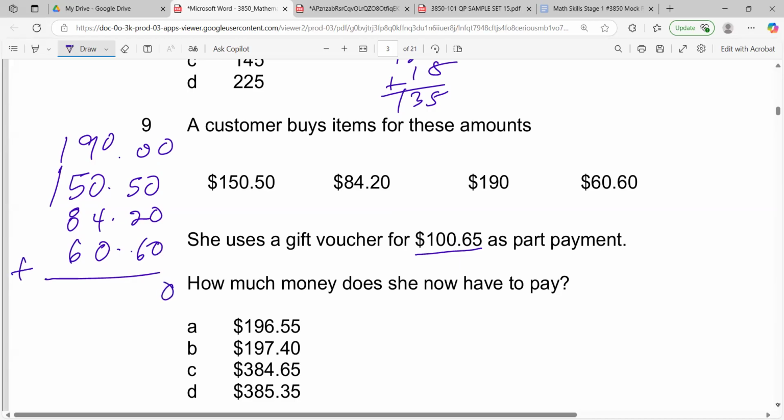0, 6 and 2 is 8, and 5 is 13. So 3, carry 1. 0 and 4, that's 4. Careful, I put it in the wrong place. 6 and 5 is 11, and 2 is 13. So it should go directly above this, all right?